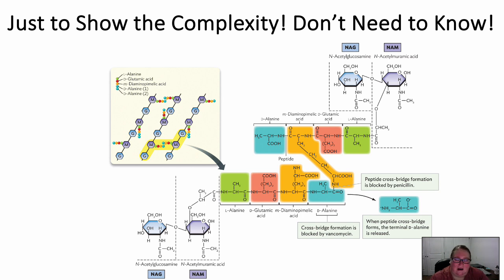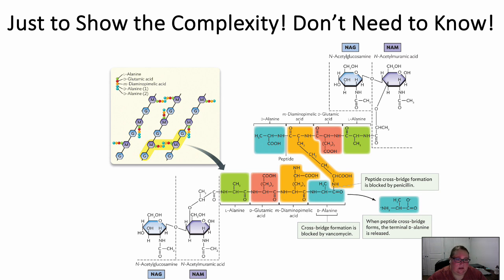These glycan chains are a disaccharide. In fact, they're made of NAG and NAM. NAG stands for N-acetylglucosamine, while NAM stands for N-acetylmuramic acid. Don't need to memorize these. So these are two saccharides that are joined together by a glycosidic bond.